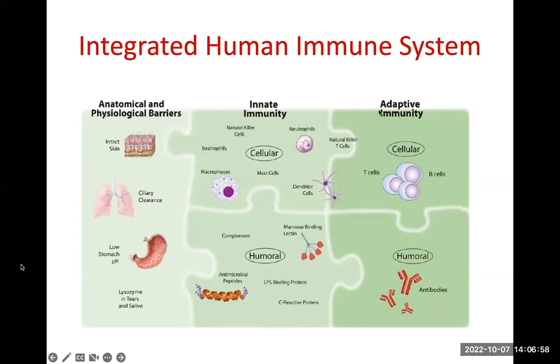And then on the other side, you have the adaptive immunity. And as the name suggests, this adaptive immunity needs to be modified so as to adjust to the nature of the invader. So in that arm, you have T cells and B cells.